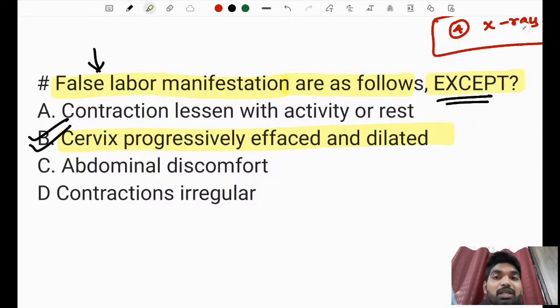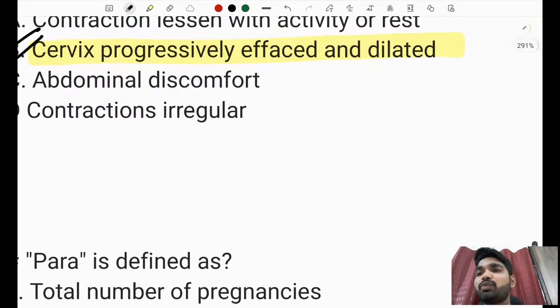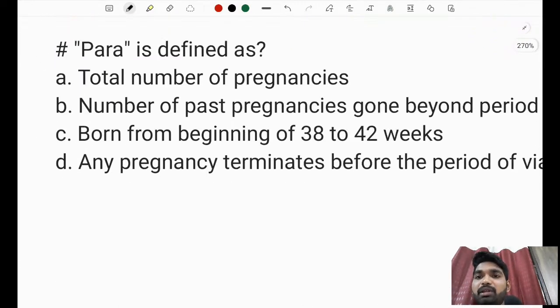Once your cervix shows dilatation and effacement, it becomes true labor. Here they are asking about false labor, which option is wrong. Option B is wrong, as you will see it in true labor. Okay, let me tell you quickly about true labor and false labor.